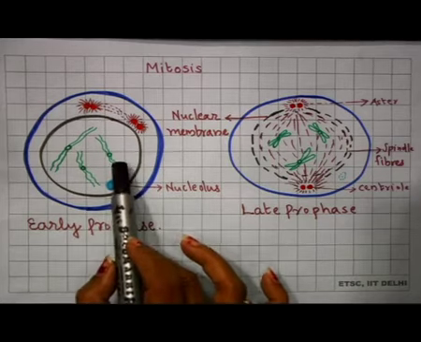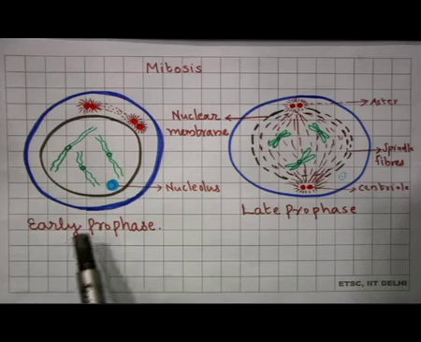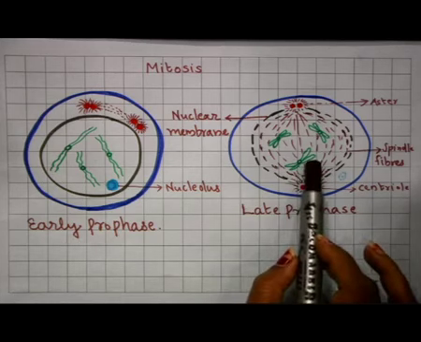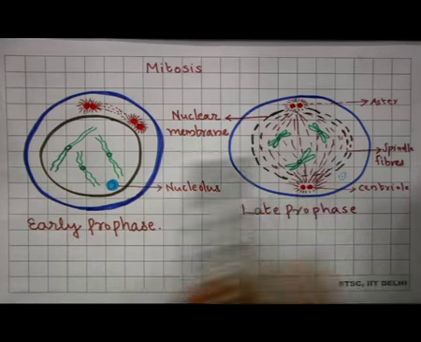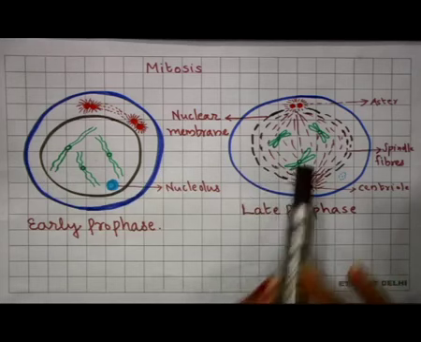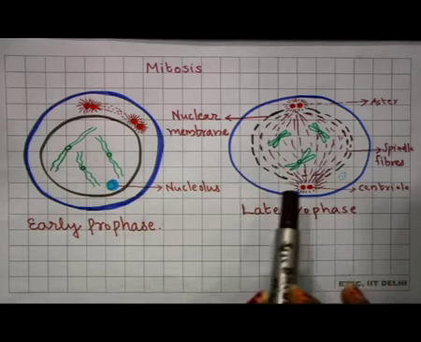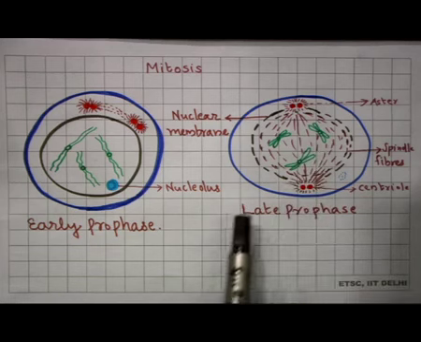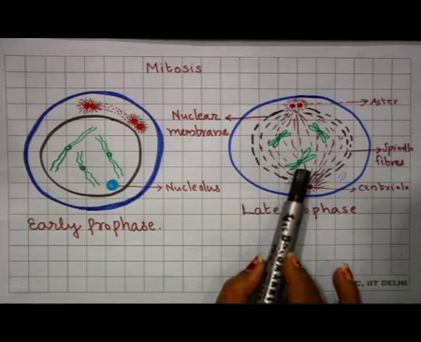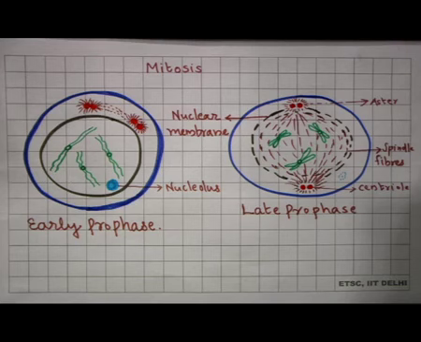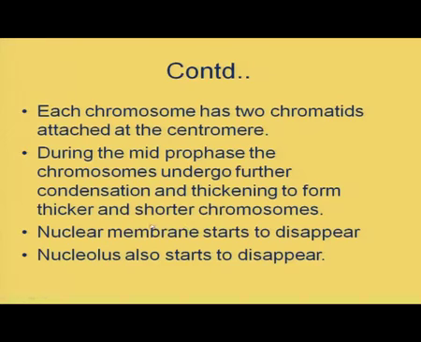Here these appear as thread like structures, but here it becomes a highly condensed thick rod shaped structure. We can call this chromosomes, and you can see the distinct chromatids clearly. They become thicker and shorter, and such thick and rod shaped chromosomes we can see here in the late prophase.